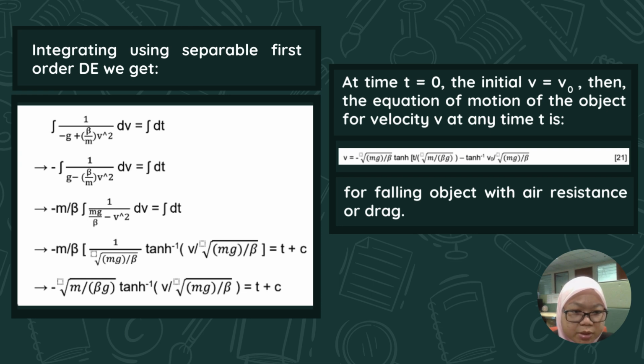Then the equation of motion of the object for velocity at any time is v equal to negative square root mg over beta tangent hyperbolic, multiplied by t over square root m over beta g, minus tangent hyperbolic inverse of the initial velocity over square root mg over beta, for a falling object with air resistance or drag.